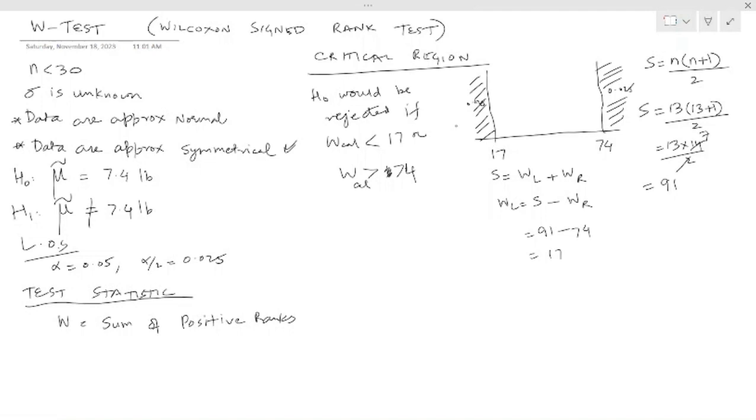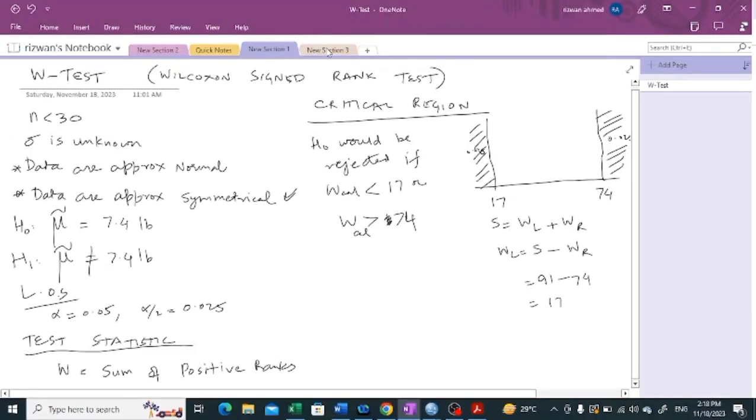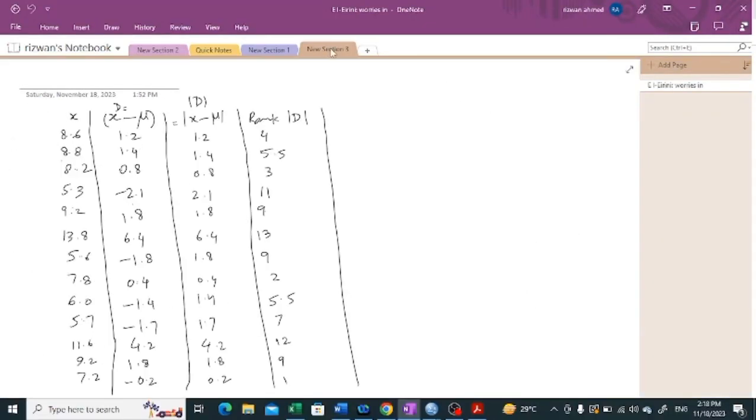Now, to save time, I have already copied the data on the next page. Over here, you can take notice of one thing: the 7.4 I have not written over here, because we have to delete that value right in the beginning, as it is similar to the mean value we have quoted in the null hypothesis.